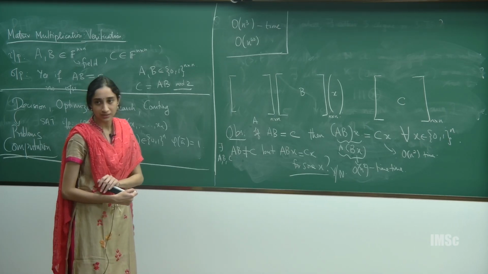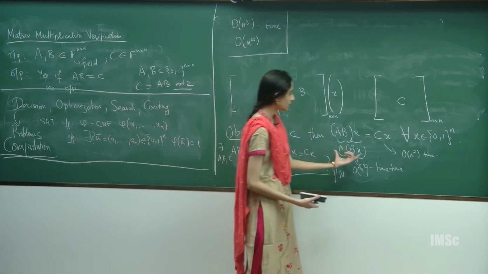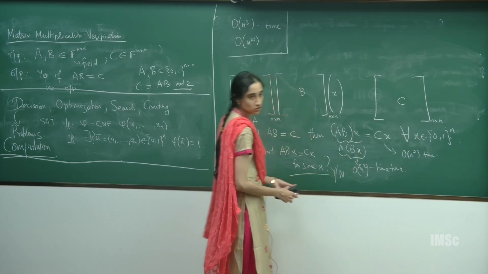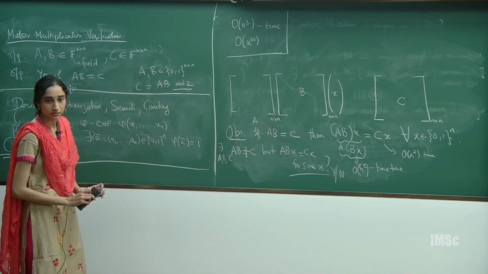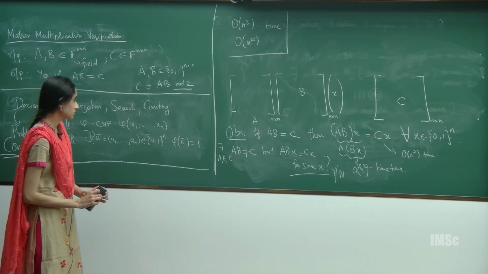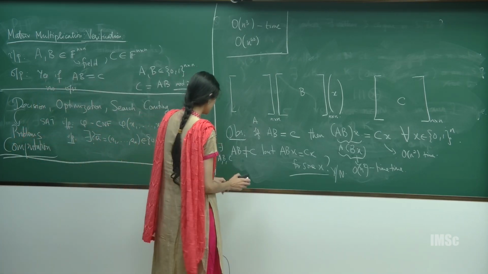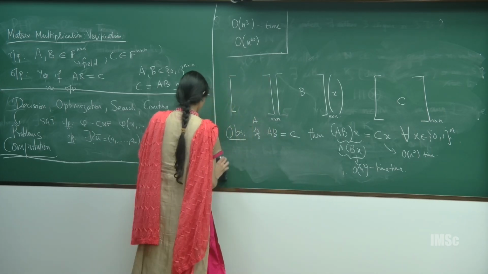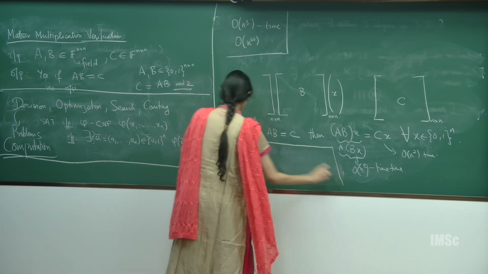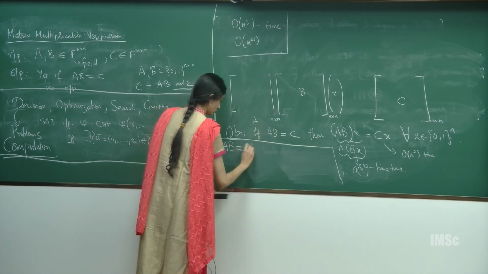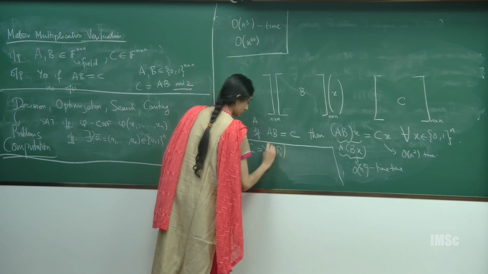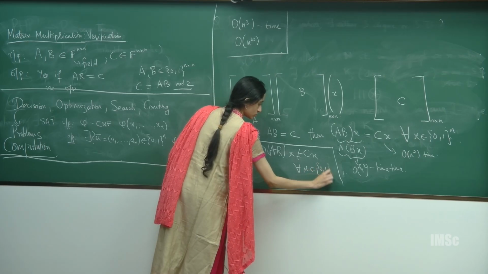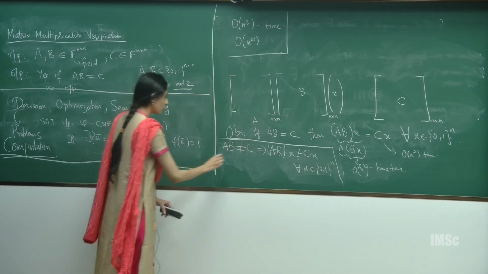You can pick an X, whatever X you want. You do this kind of multiplication, which is order n square time, subtract and see. If it says equal, you put AB equal to C. If it is not, you put AB is not equal to C. Suppose this is true.